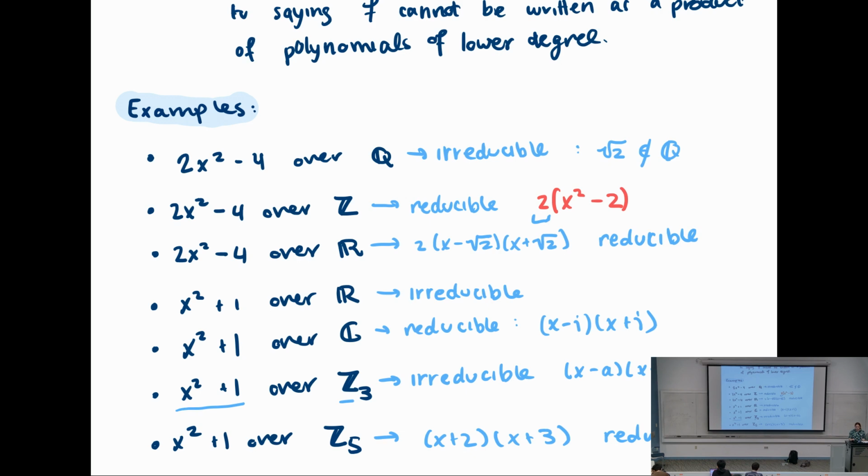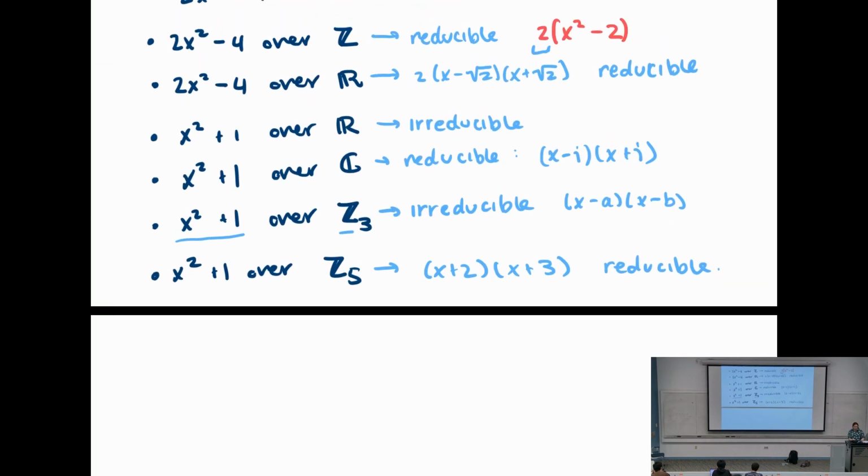Okay, so let's prove the theorem that I was implicitly using in carrying out these examples. This is one way to detect if a polynomial is reducible or irreducible in the case that the polynomial has small degree and you're working over a field.